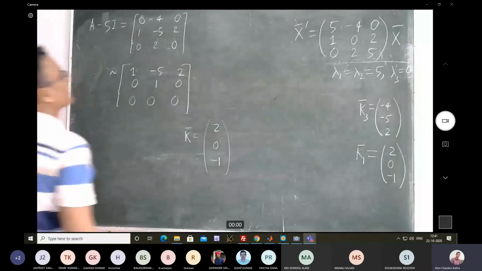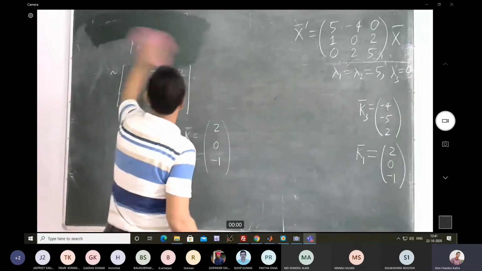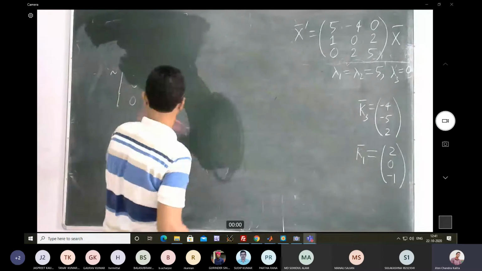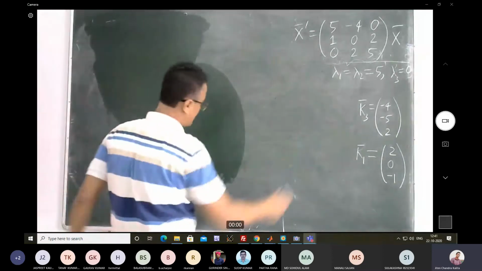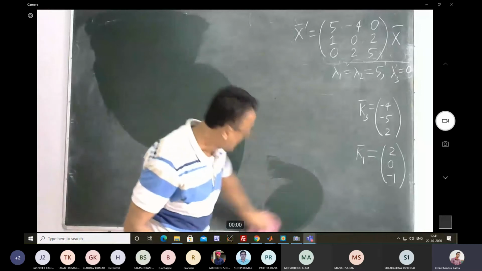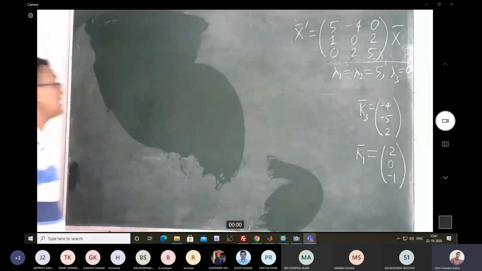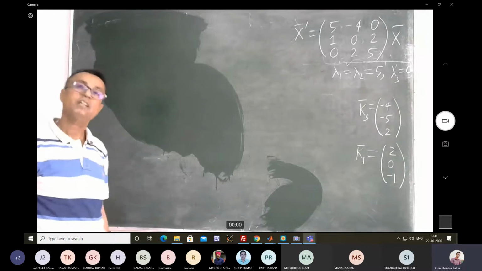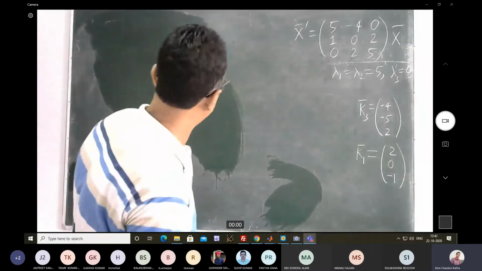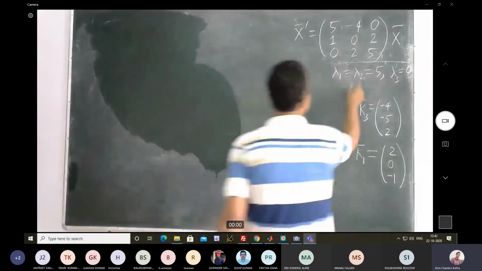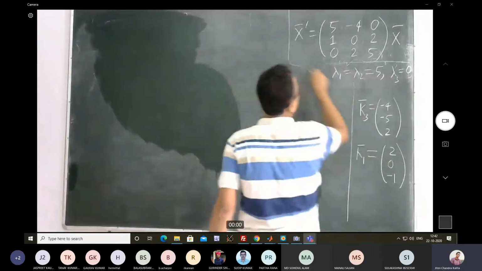So now let me again move to theory. Okay. So now I will stop here, and I am going to tell you how to find the remaining eigenvectors corresponding to an eigenvalue of multiplicity m. That means how to find the remaining m minus 1 eigenvectors corresponding to the same eigenvalue. So for that, what you have to do? Okay, fine.